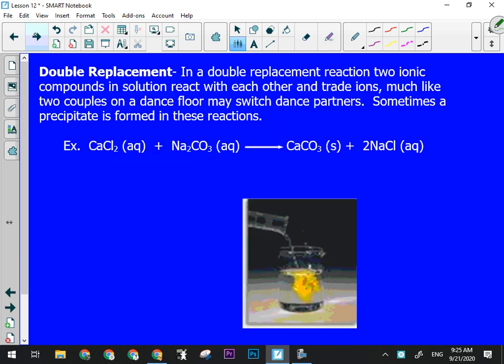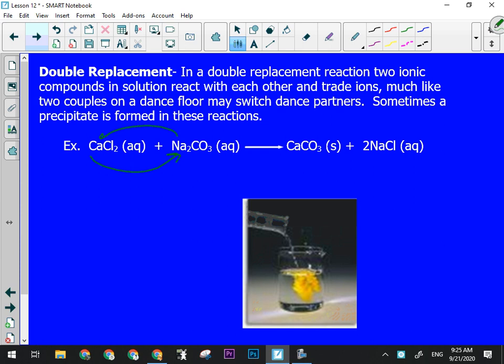Now, double replacement reactions look like they're the most complex. They're actually the easiest. In all double replacement reactions, all you do is switch the metals. When you switch the metals from one compound to the other, you create your two new ionic compounds. So in this reaction, I have calcium chloride reacting with sodium carbonate.